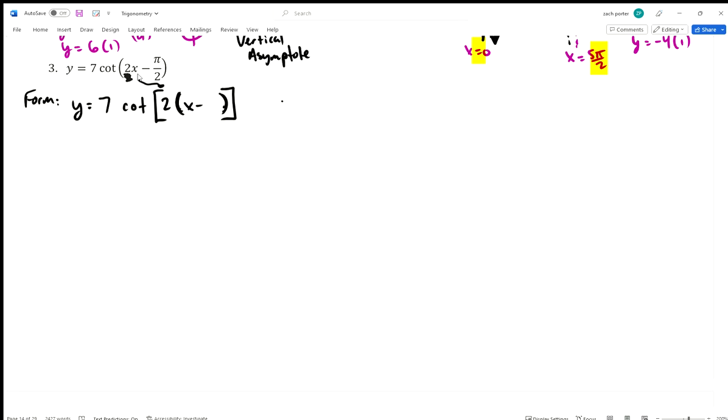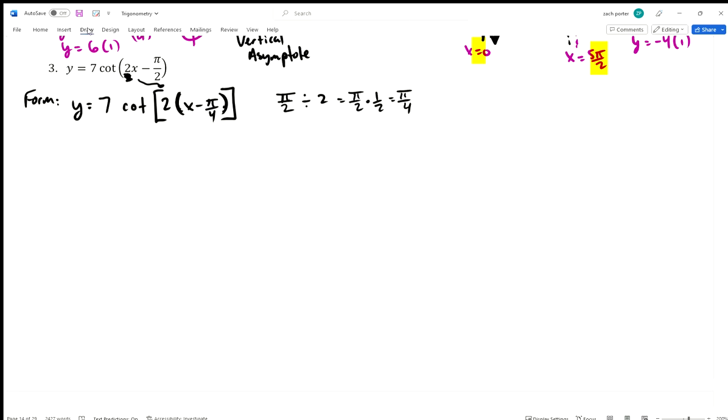When we factor, to see what this term is that's left over, we divide the second term. So the pi halves gets divided by 2, which is pi halves times 1/2, so keep, change, flip. That gives us pi fourths. So that's what should go in that set of parentheses.